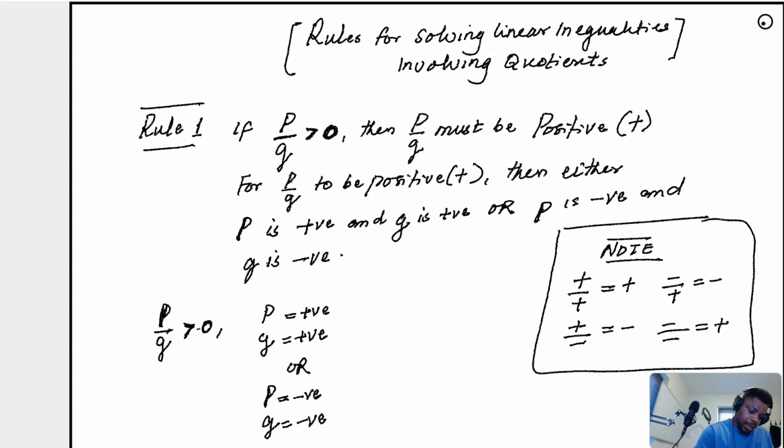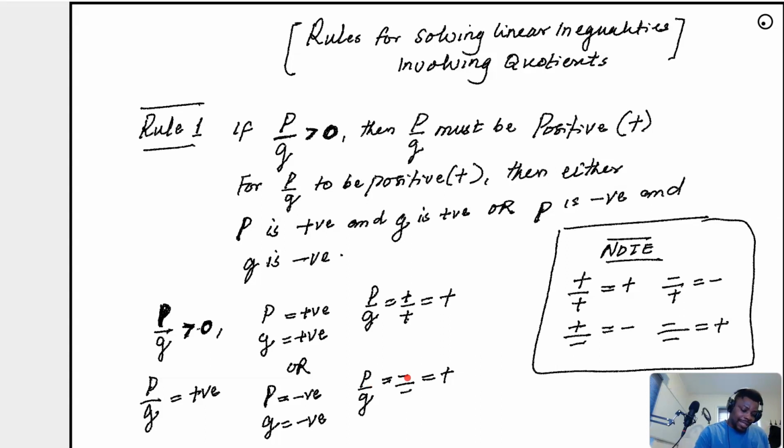So that simply means P over Q is equal to plus divided by plus, this will be plus, you can see that, or P over Q is equal to minus divided by minus, that will be plus. So for P over Q to be greater than 0, it simply means P over Q has to be positive. And it can be positive when P is positive and Q is positive, or P is negative and Q is negative.